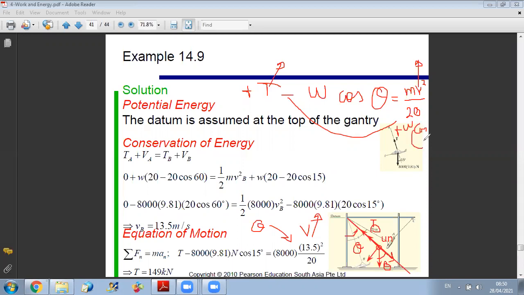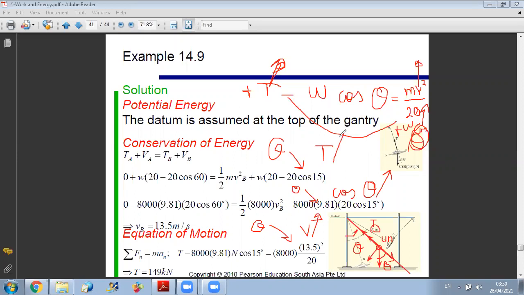So the higher is cosine theta, the higher is T. And we know that as theta decreases, cosine theta will increase. This is why we can conclude here that when theta is reduced, both cosine theta and V will increase, and therefore T is increasing. So when theta decreases, T increases.